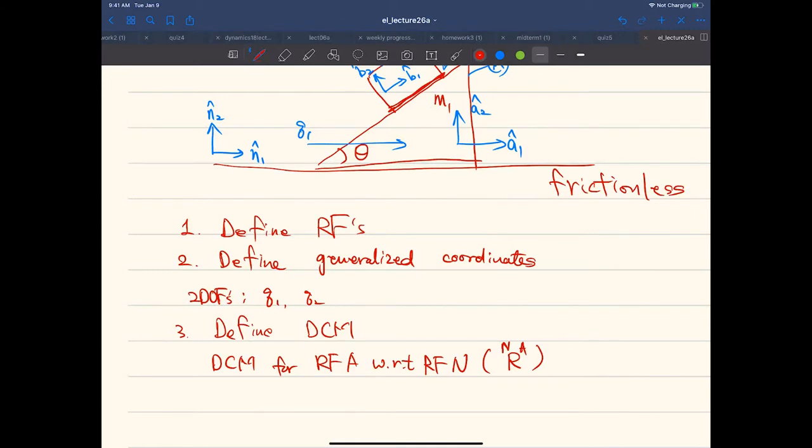So how is it defined in this case? Is there any rotation involved? There's no rotation, so that means orientations are the same, right? So it's just the identity matrix.